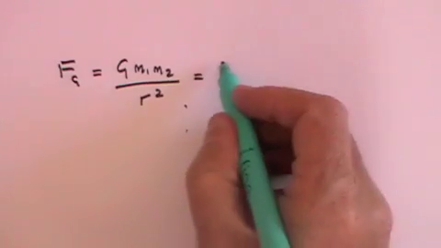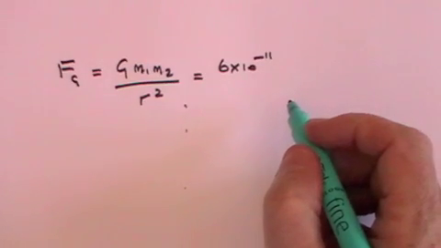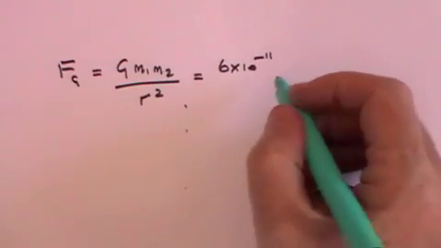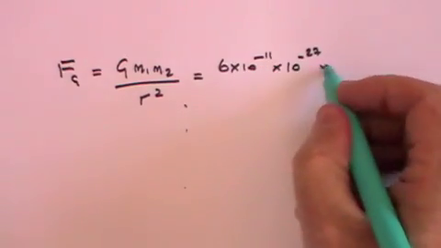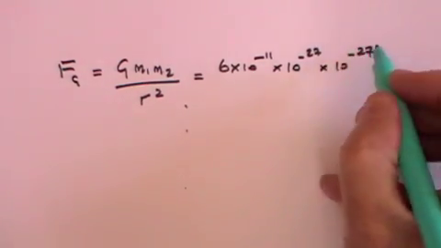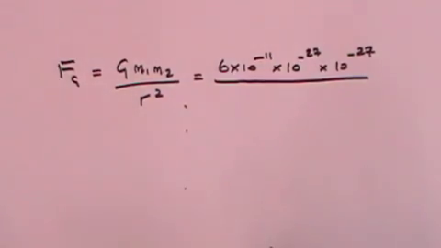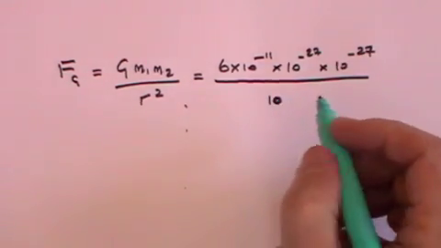Well, G is approximately 6 times 10 to the minus 11. The masses of, whether they be protons or neutrons, are of the order of 10 to the minus 27 kilograms. So that's 10 to the minus 27 times 10 to the minus 27. I'm only doing this in order of magnitudes. Divided by r squared. Let's say that the distance between a proton and a neutron is 10 to the minus 15 meters.